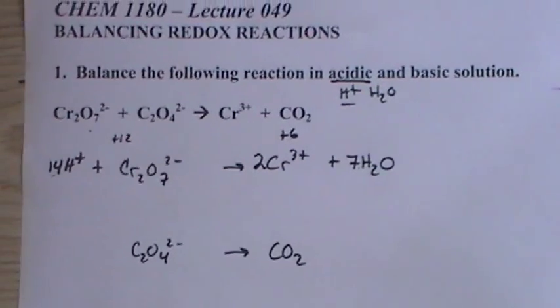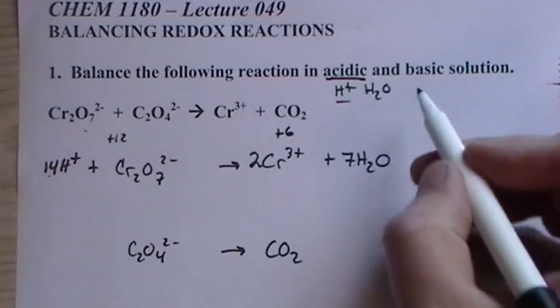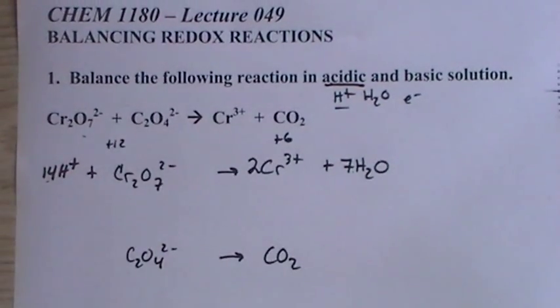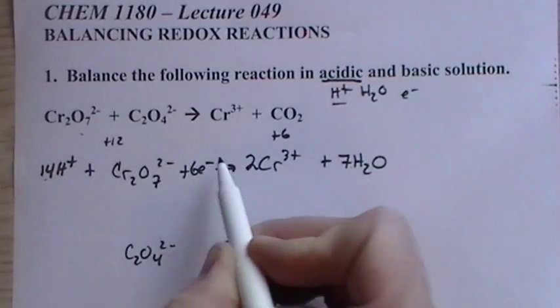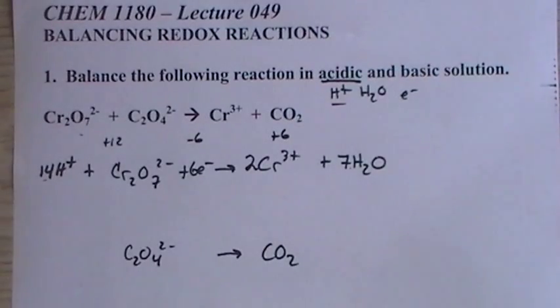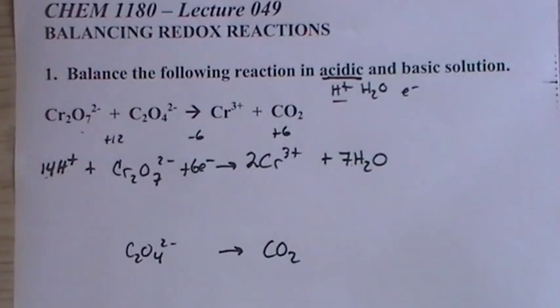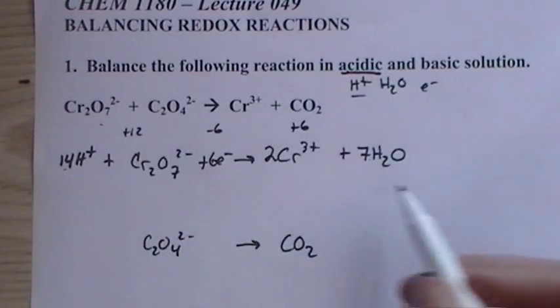The other thing that's in the reaction, they're not floating around in the solution, but they are there, are electrons. So that's the last thing that we can use to balance. We have plus 6 here, plus 12, so this must be 6 electrons, because electrons are minus 1 each. So we balanced all of the atoms, all of the mass, we balanced the charge.